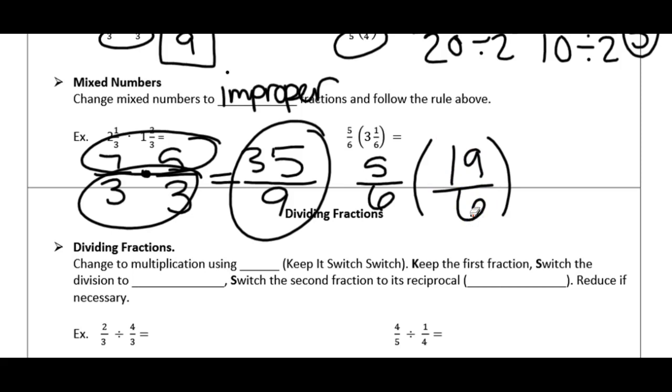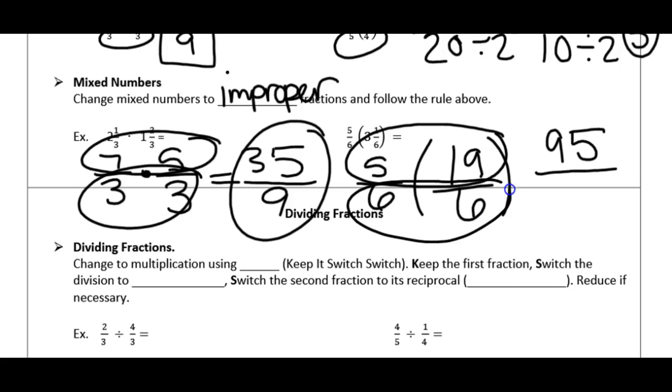Then we're going to multiply straight across. We're going to do 19 times 5, and some of us may want to pull out a calculator for that. 19 times 5 is 95 over 6 times 6 is 36.